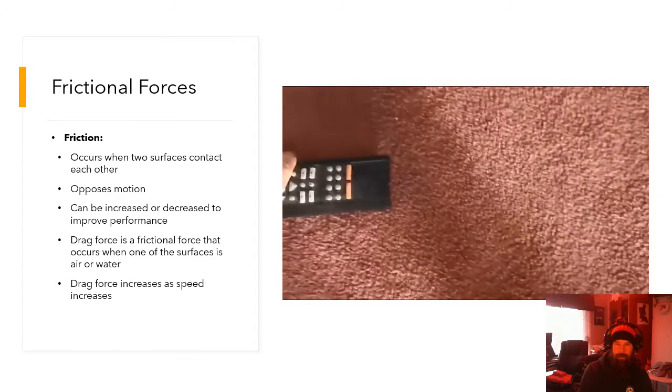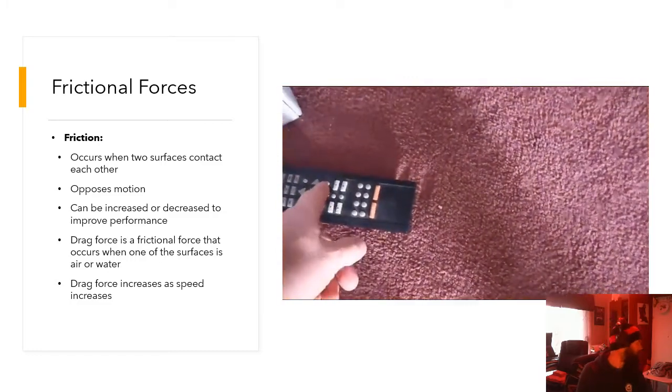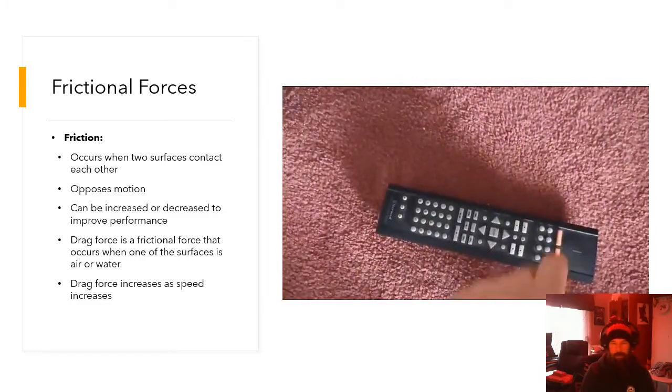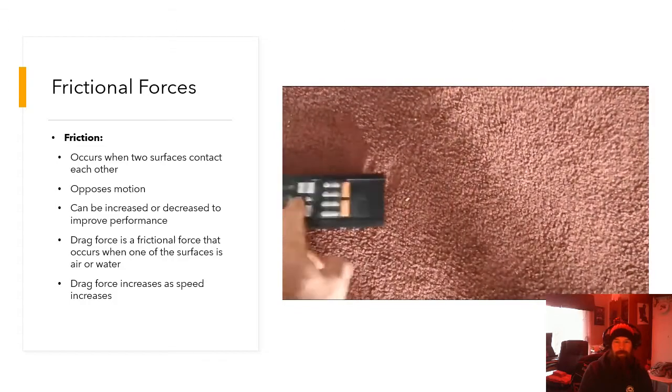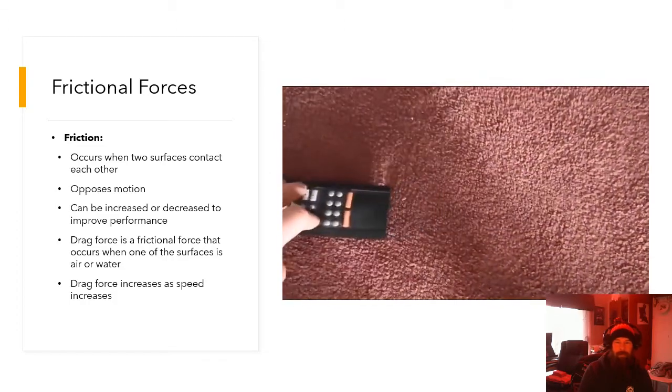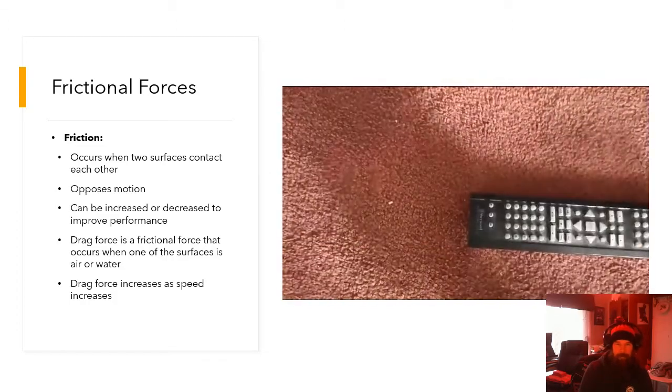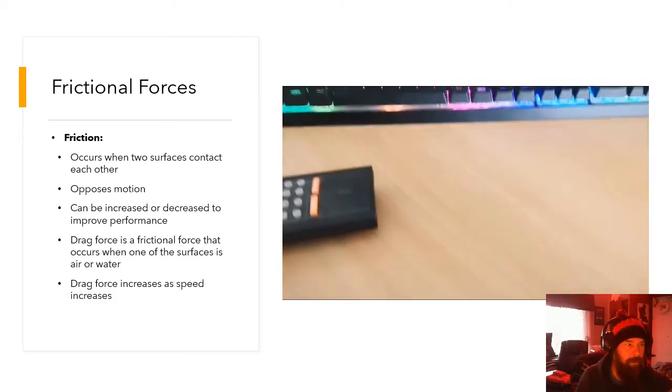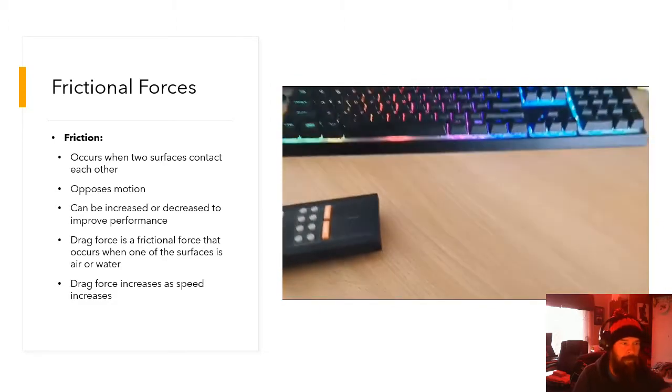Onto the floor, right? Same one finger push. Doesn't go very far at all, because you've got the increased friction of the carpet as opposed to the smooth surface of the desk. So, there you go. You can see the impact of friction on objects.